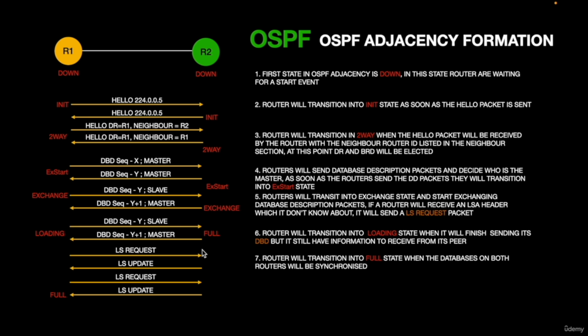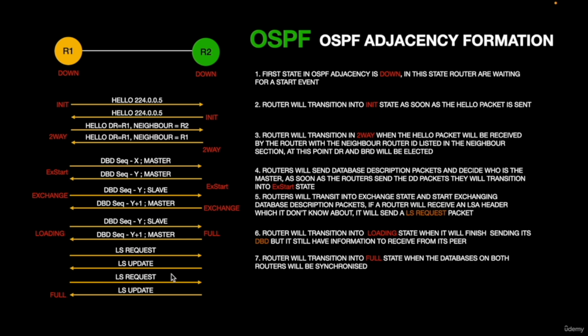So let's say, for example, that R2 has its database full, and it doesn't have any missing information. R1 doesn't have its database full, so it will send link state request messages. R2 will send the LS update messages, and there can be several LS update messages and LS request messages.